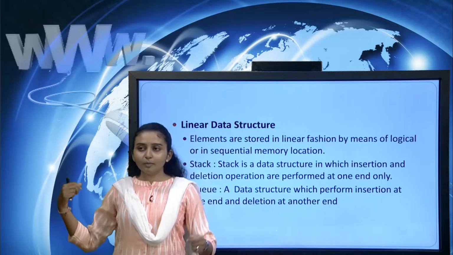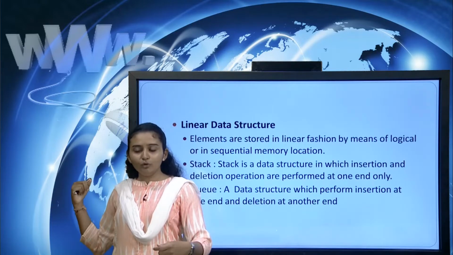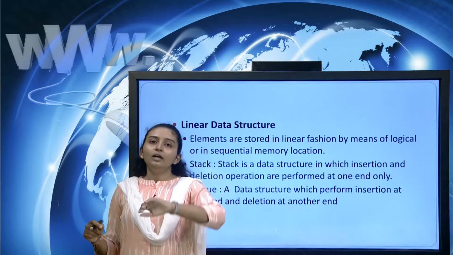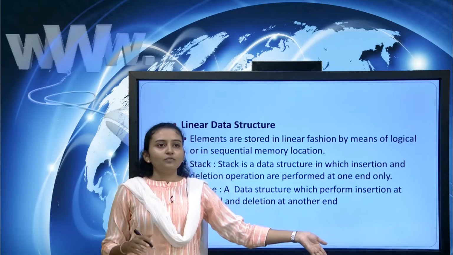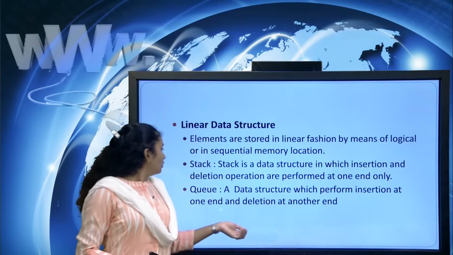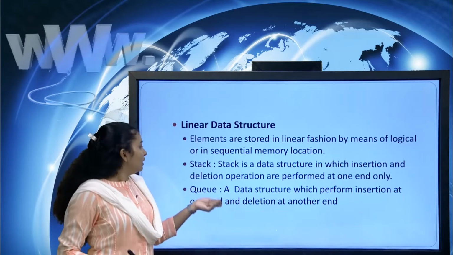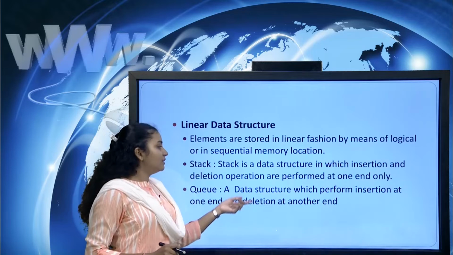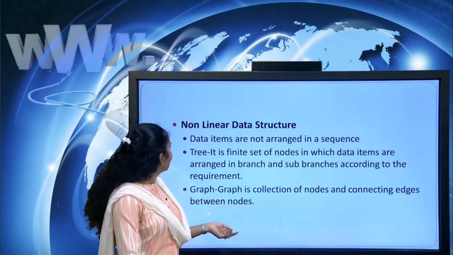When another person comes at the back of your queue, he will move forward one by one to the counter. So that is a queue, a data structure which performs insertion at one end and deletion at another end.